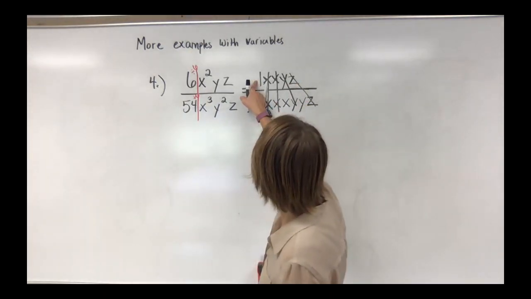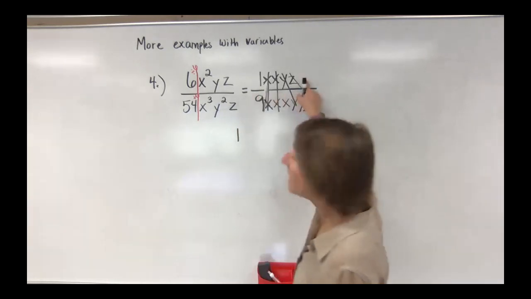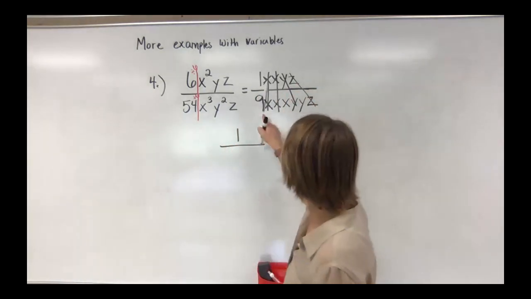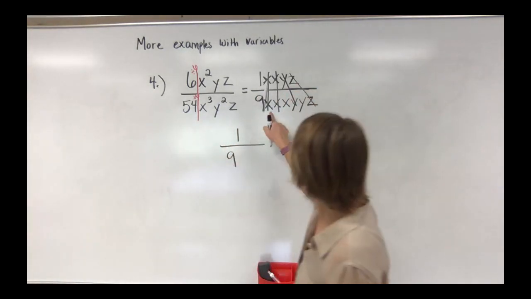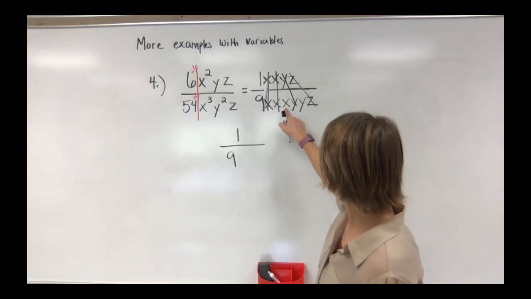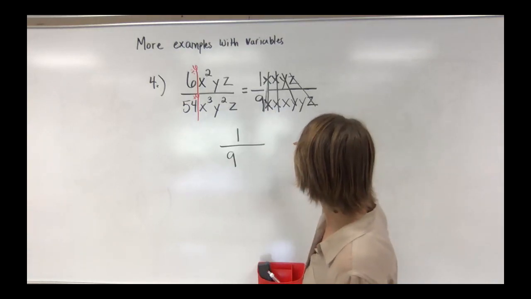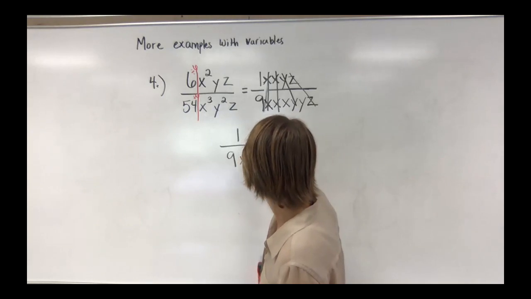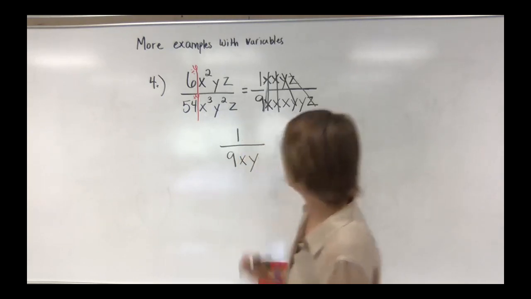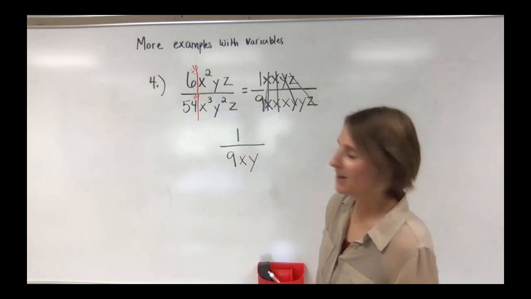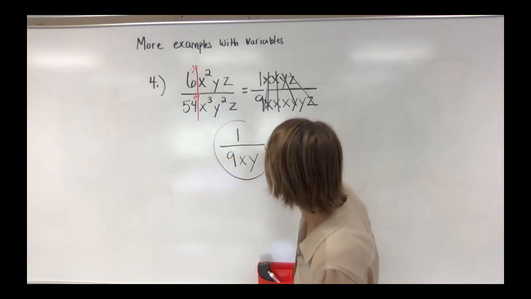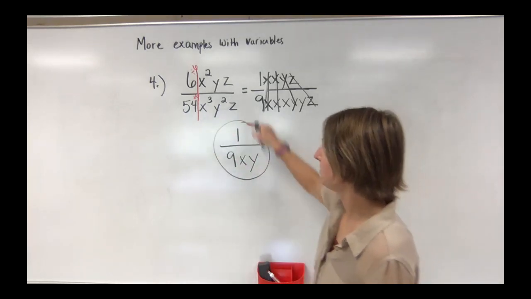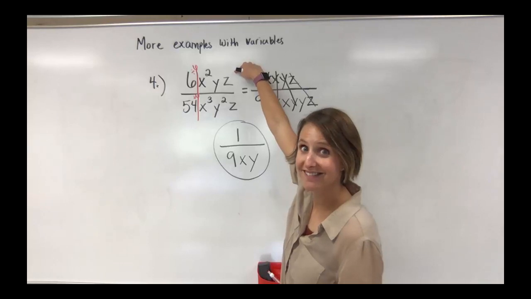So I have 1, that's all I have left on top, over 9. That is canceled, that is canceled, that is not, and that is not: x, y. Oh my goodness. This is the simplified form of our original expression.